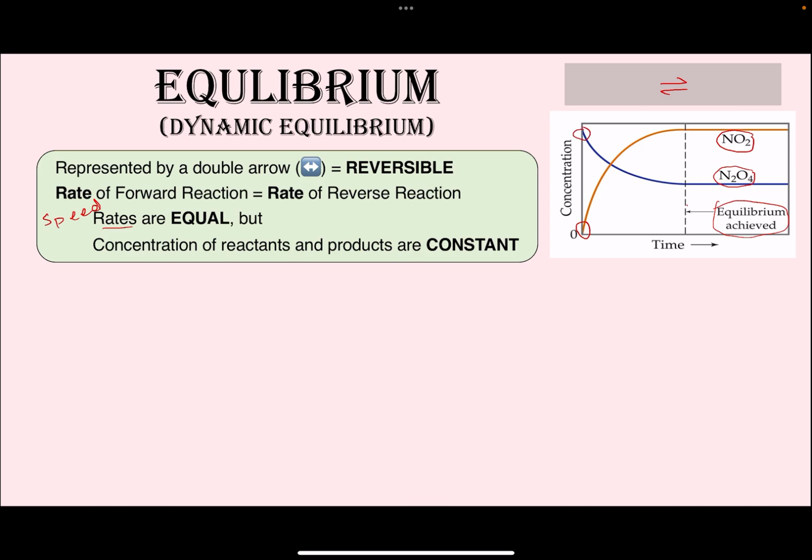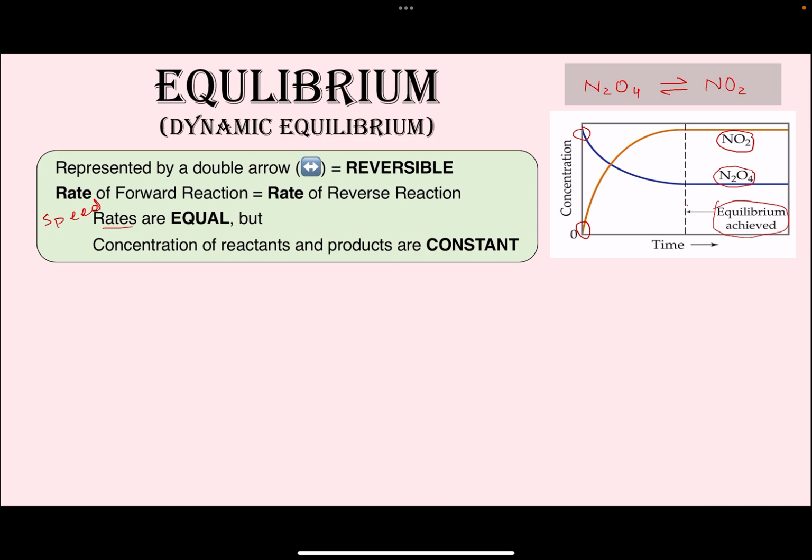So whatever is starting with a 0 tells us that this was not present at the beginning of the reaction. That means it's most likely our product, because we always start with the forward reaction, right? So if at the beginning of the reaction we did not have this substance, that means this was our product for the forward reaction. And then N2O4 had some concentration at the beginning of the reaction, so that was what we started with. So we write that on the reactant side.